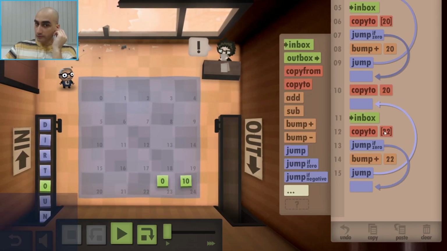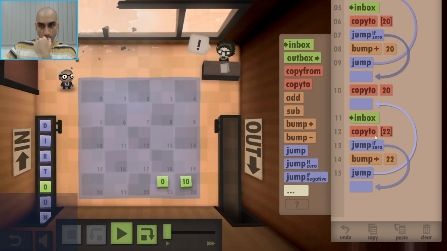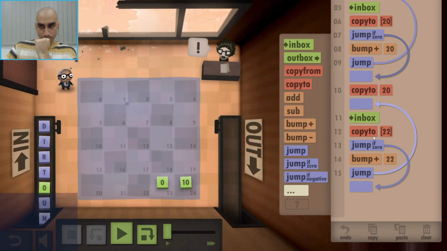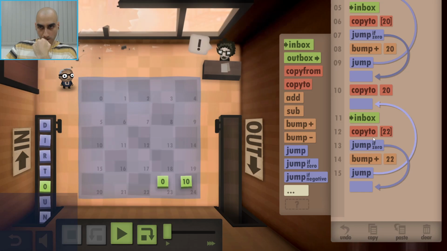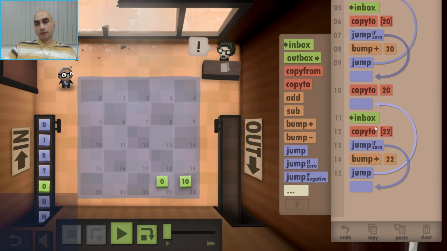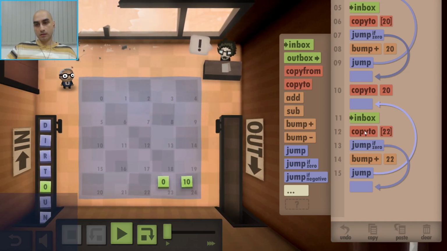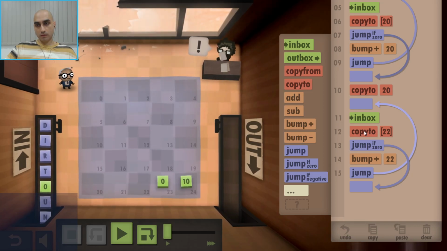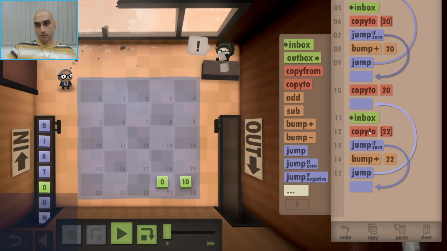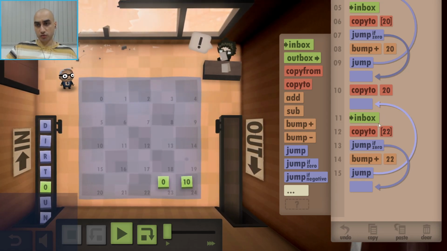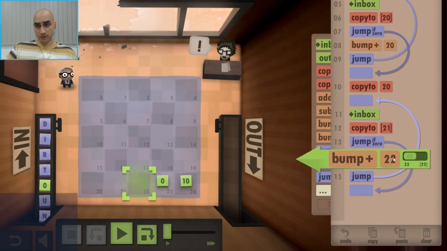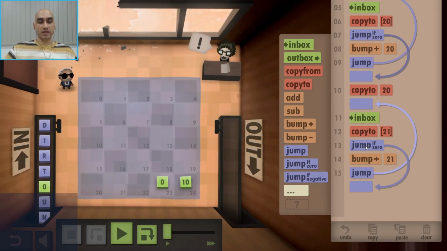Now we copy to... okay, so now we are writing the new word, so that uses that one, bump that one, and if we pick up a 0 again, we jump.